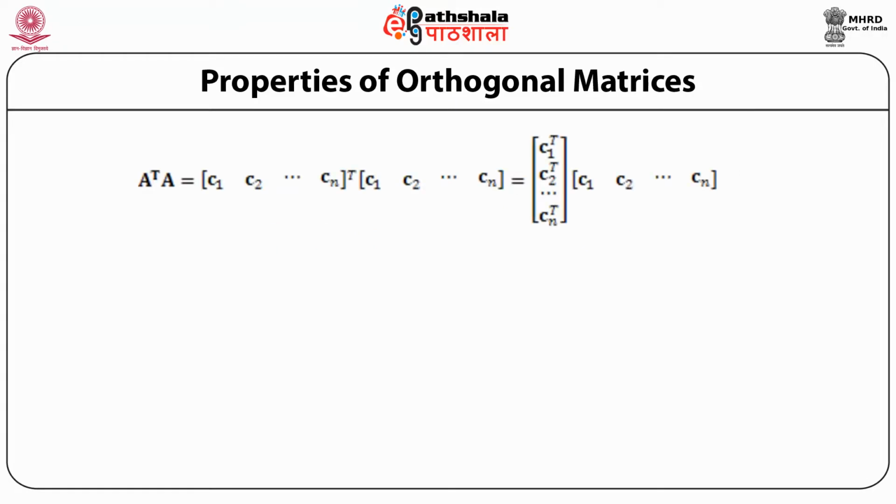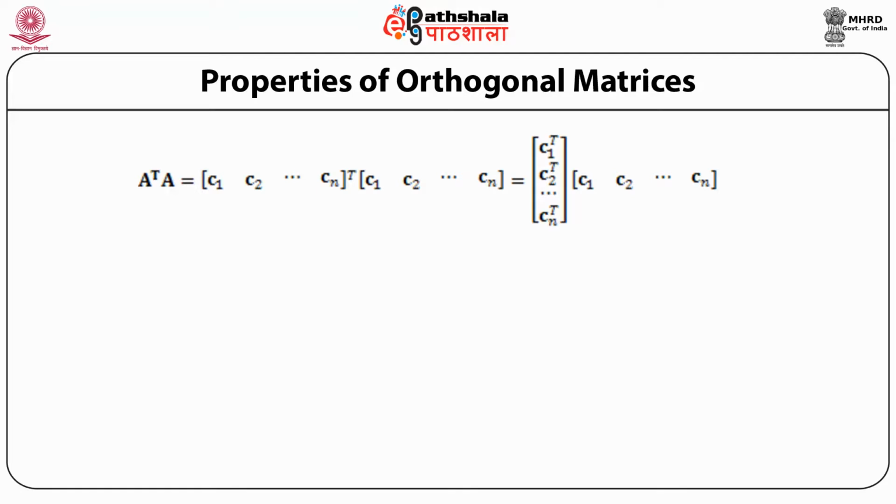A transpose into A is equal to the column matrix with the elements c1 transpose, c2 transpose till cn transpose, into the row matrix with elements c1, c2 till cn.